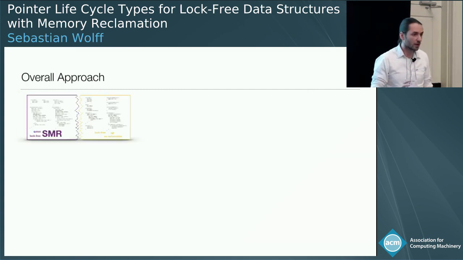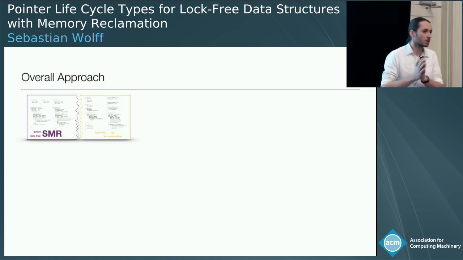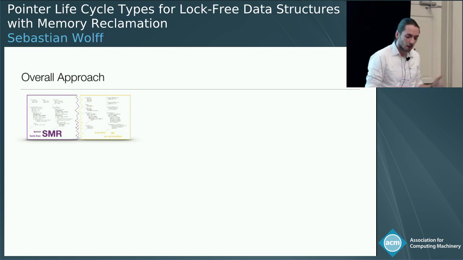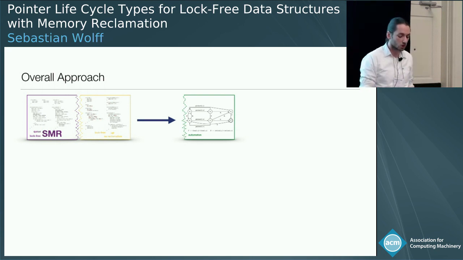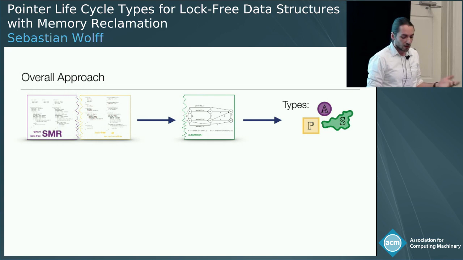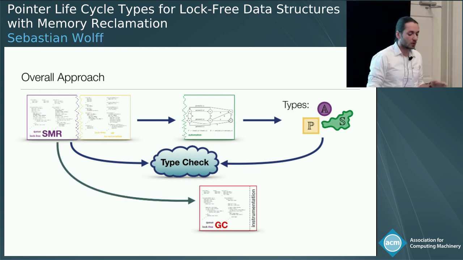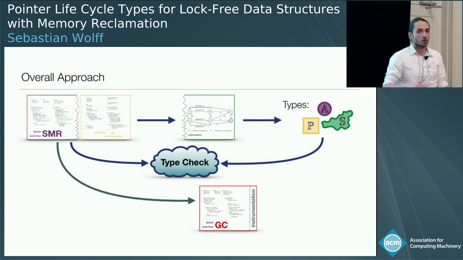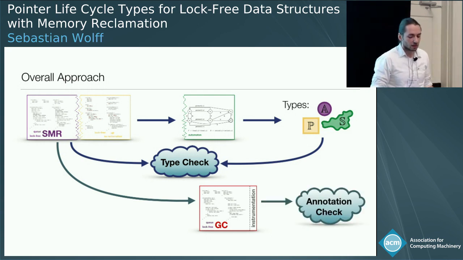To give you a quick overview of our approach again: what we start with is the SMR implementation and the data structure. We lift the SMR implementation to the specification and turn it into types, and then we perform the type check. After this, we take the data structure code and instrument it to check annotations, which yields a garbage collected program, which we can just throw into an off-the-shelf verifier and check the annotation.